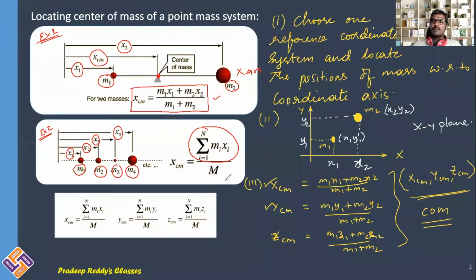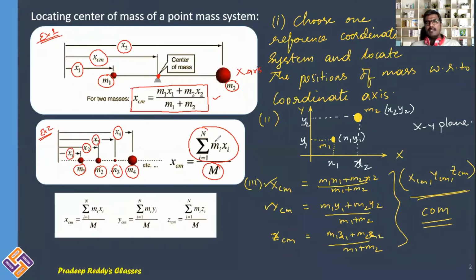Like that, all those terms are added together, and in the denominator you have the total mass of the system, M1 plus M2 plus M3 plus so on. This is the case for multiple masses.